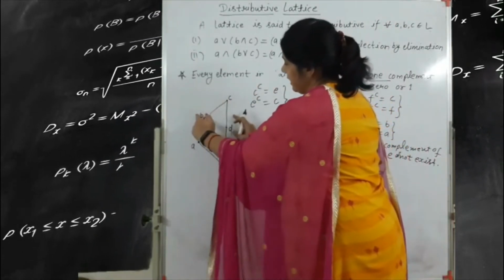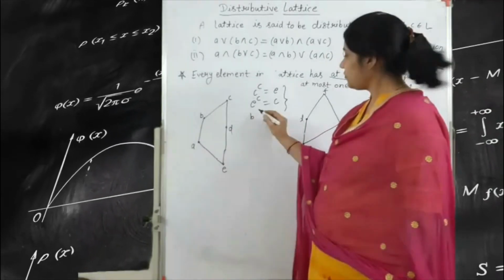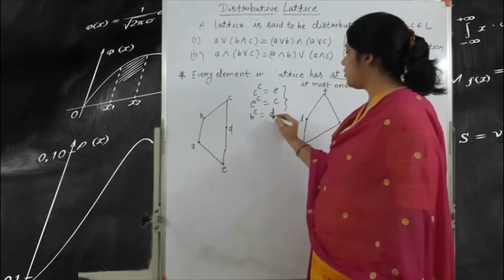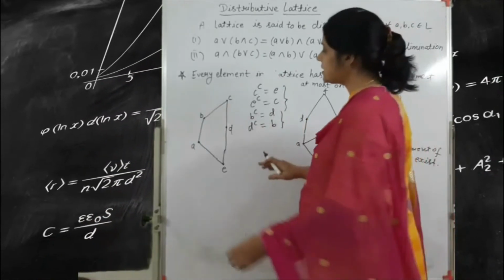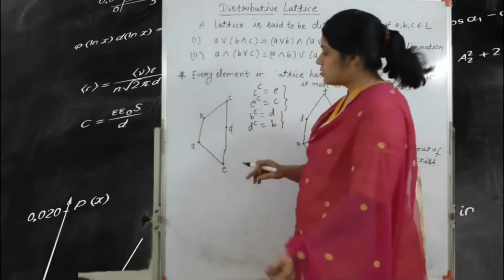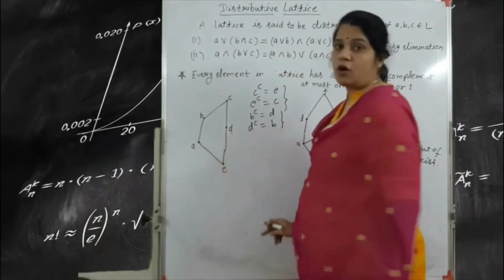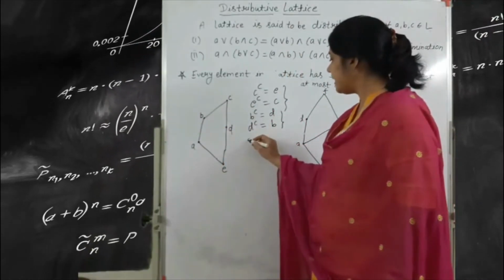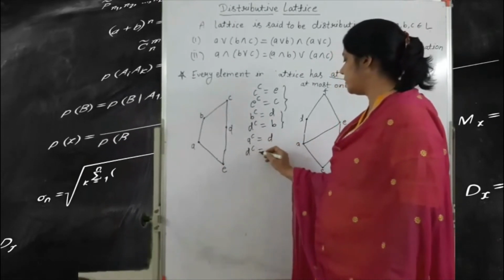C. And the first meet is E. So B and D are again complements of each other. Next, if we consider A and D, the first join is C and the first meet is E. That means A and D are again complements of each other.